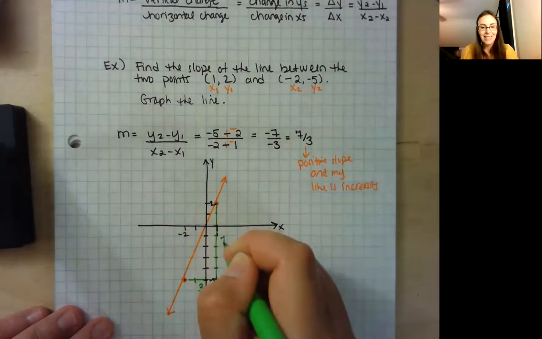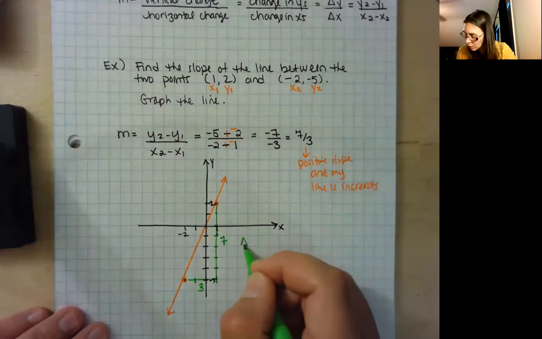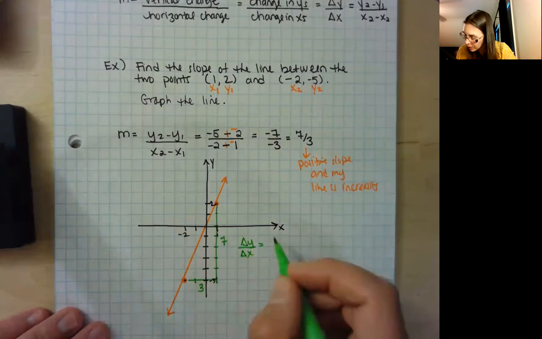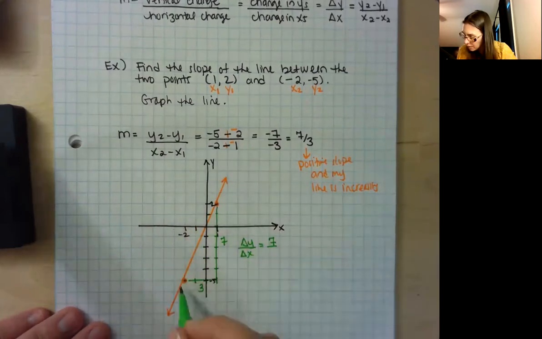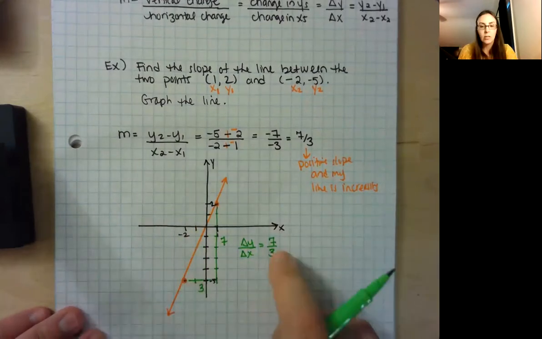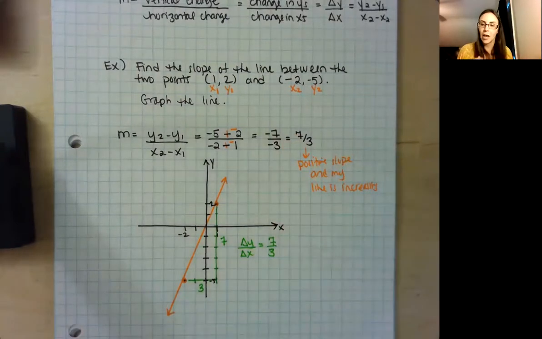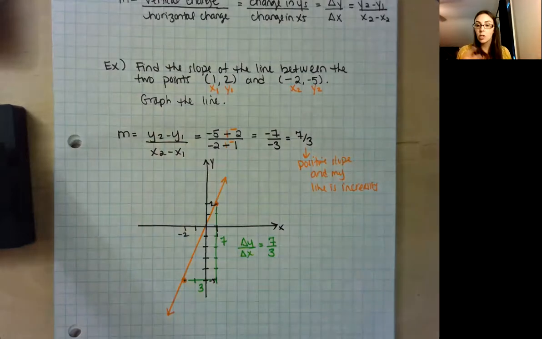I have a length of 7. So my change in y over my change in x is 7, right? Because that's my vertical direction. That's the y direction. And then the x direction is this way, 3. So see how it matches? So you can visually see that slope on the graph, not just from the formula, but you can physically see the counting. So there is your slope.